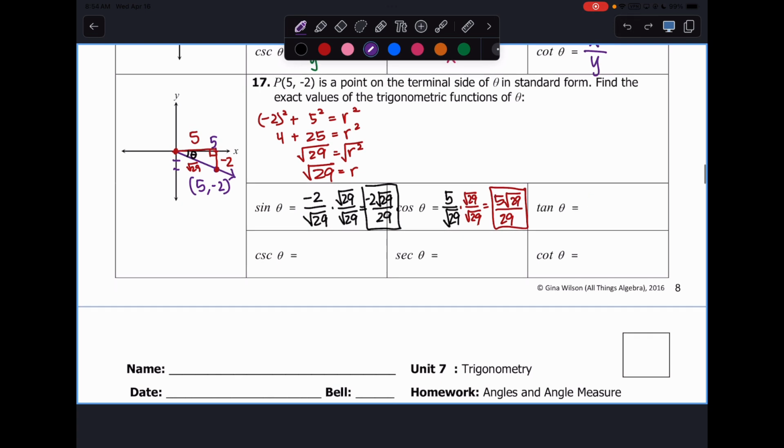Tangent? Nathaniel? Since you're bored. -2 over 5. Do I need to simplify anything? Good. Okay, cotangent. Evan. 5 over -2. Okay, secant. Can I call on anyone? Ishan. Secant. For this one, I wouldn't use this.